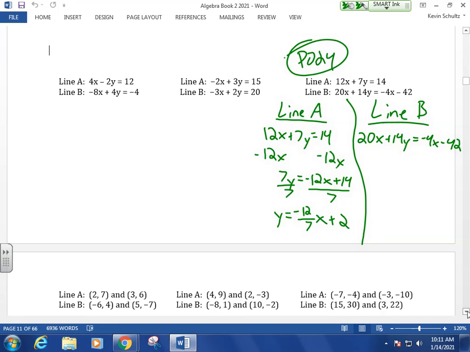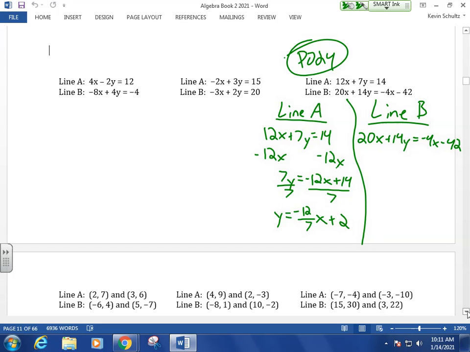Is this in any kind of form? Slope-intercept form, standard form, point slope form, anything? No, it isn't. But our goal is still going to be the same, right? We want to get that y variable by itself on that left side. So we're still going to move those 20x's over to the right side. The only difference is we already have negative 4x's there.